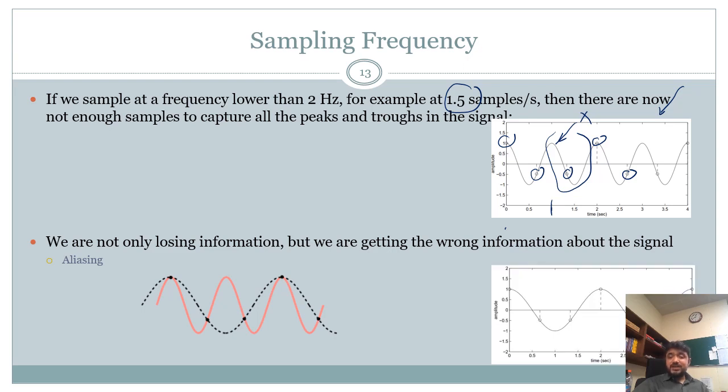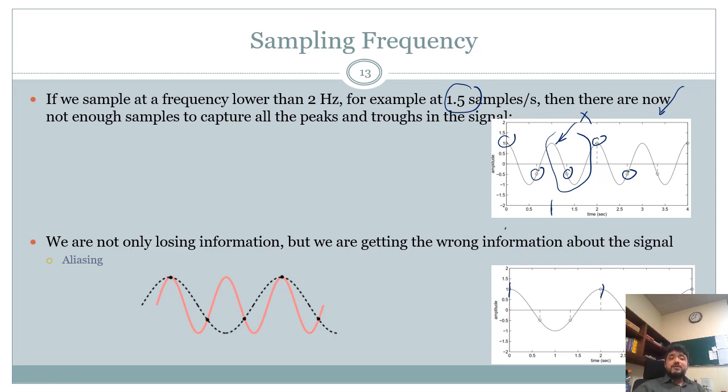So instead of finding the wave to be 1 hertz, we feel that the wave is 0.5 hertz. So it is 1 cycle for every 2 seconds. So the frequency of the waveform changed.